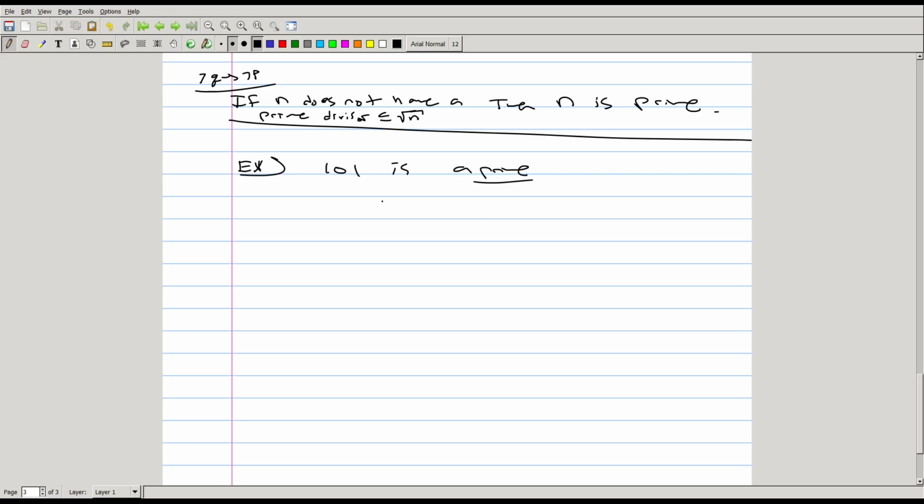Specifically, we look at the square root of 101, and the only primes not exceeding, so less than or equal to, the square root of 101 are going to be 2, 3, 5, and 7. 101 is not divisible by any of these.